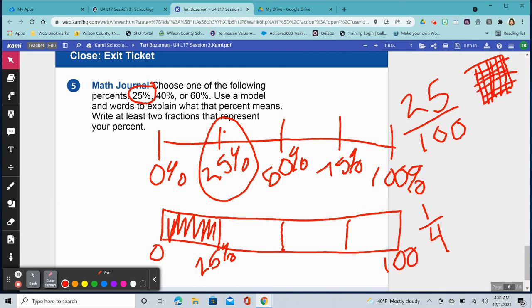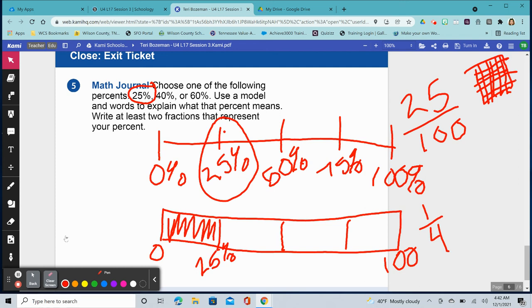So in this case, we would have shaded in a group of 25 on our model. So it was 25 out of 100 pieces. All right, so that's what this percent means, 25 out of 100 pieces. As a fraction, we can simplify that to 1/4. Or we can know that 25% is 1/4 of 100%.